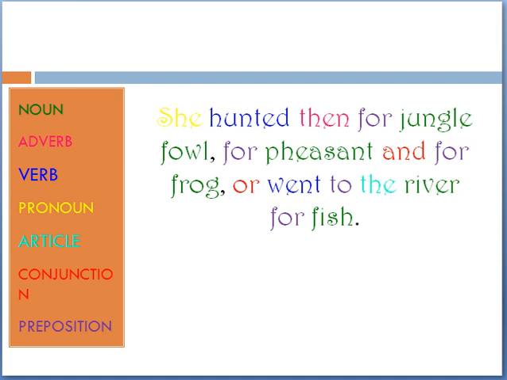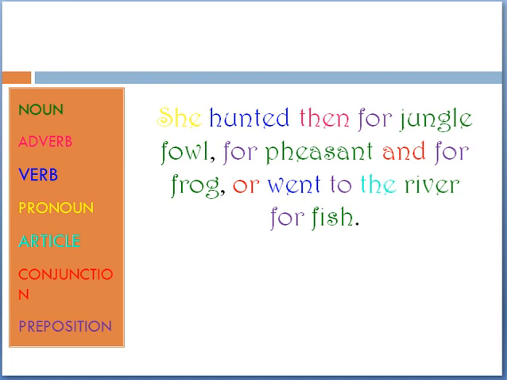Then again is an adverb because it is talking about the time. When did she hunt? When did the mother tiger hunt for jungle fowl, for pheasant, for frog? Read the previous sentence: when the game got away, when the mother tiger could not hunt any bigger animal, then she opted for these smaller sized animals.